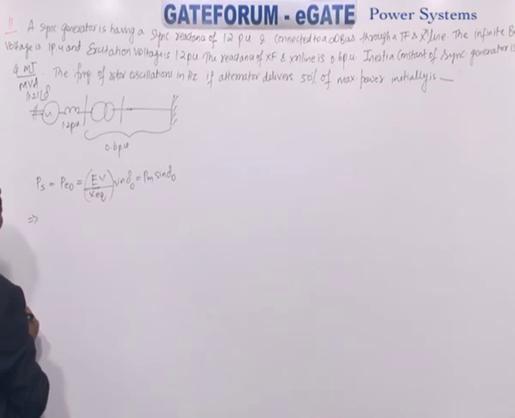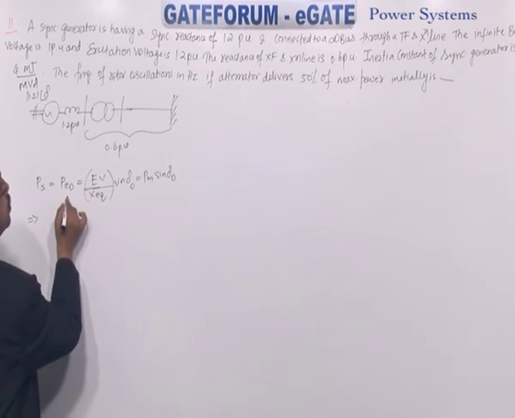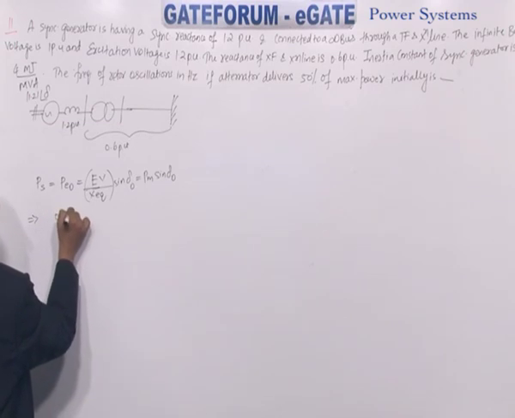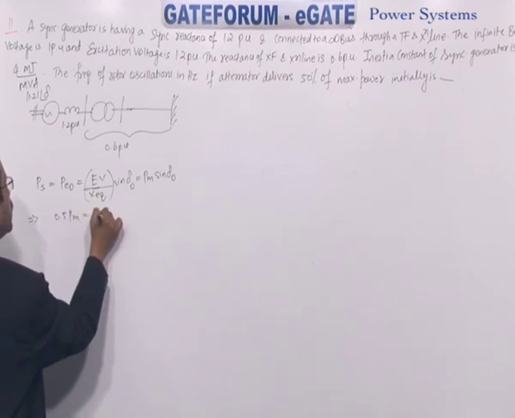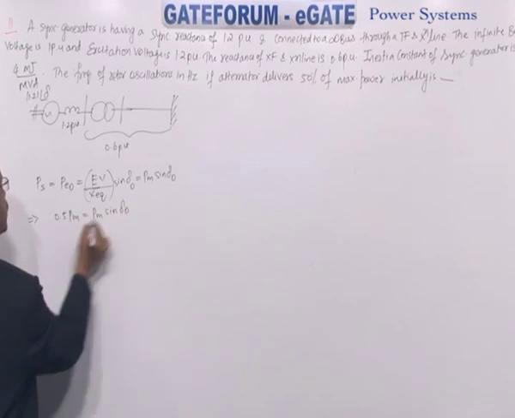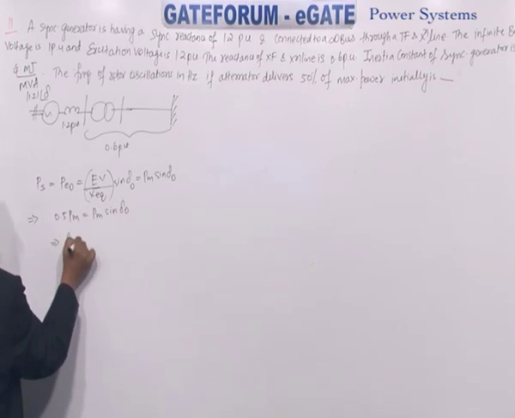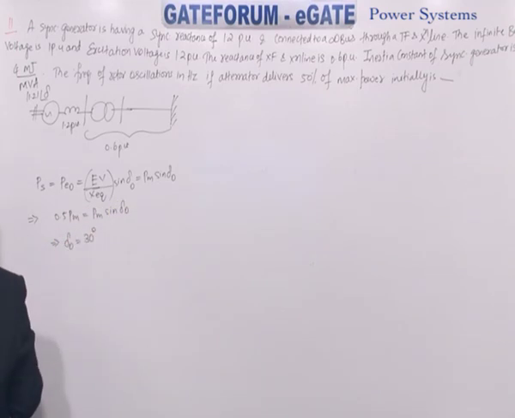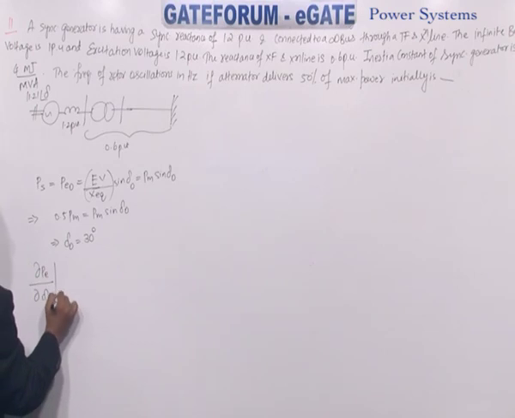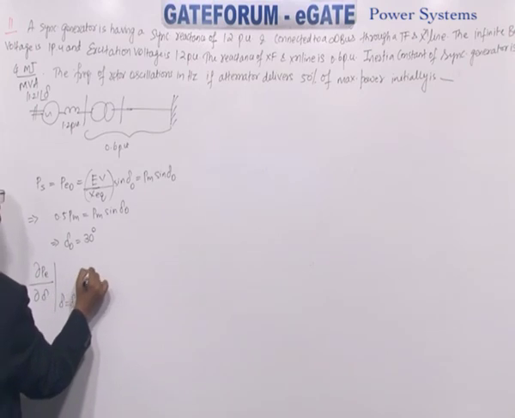But how much are you delivering there, PE naught? 50% of maximum power. So on simplifying this one, what is the value of delta naught? It is 30 degrees. Then you find dou PE by dou delta evaluated at delta naught.